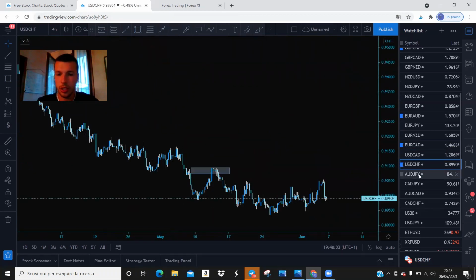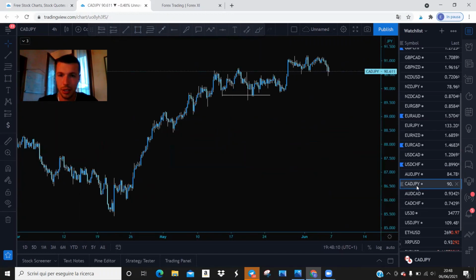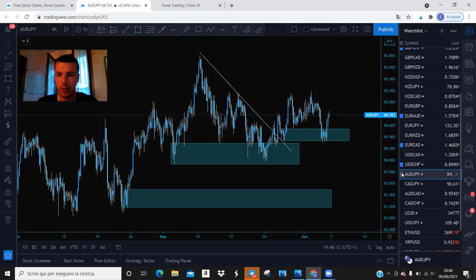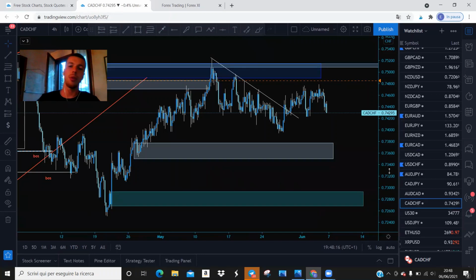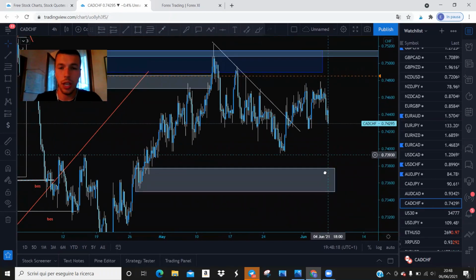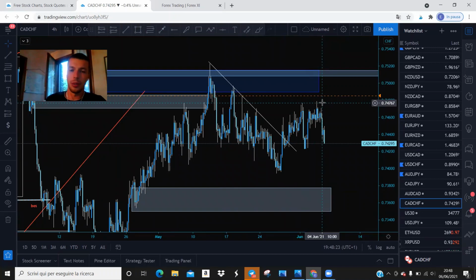USD/CAD, USD/CHF, not really looking to trade it. AUD/JPY was looking great, still looking good anyway, but I will just add it to my watch list and we'll see what happens. CAD/CHF, I'm looking for sales on CAD/CHF, but I'm waiting for my alert to be reached. I'm not looking for sales at this level.